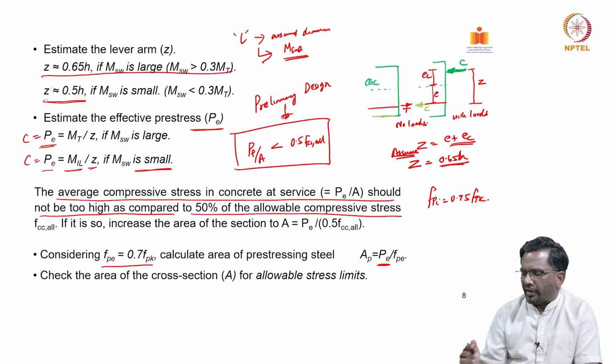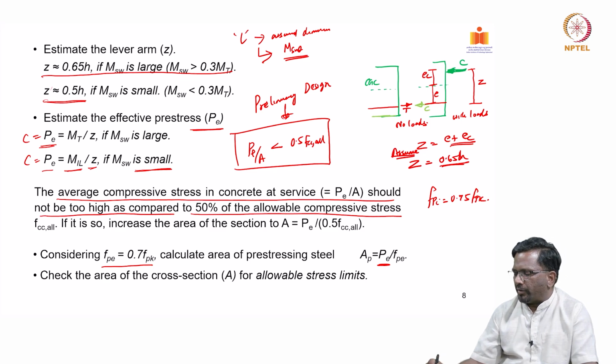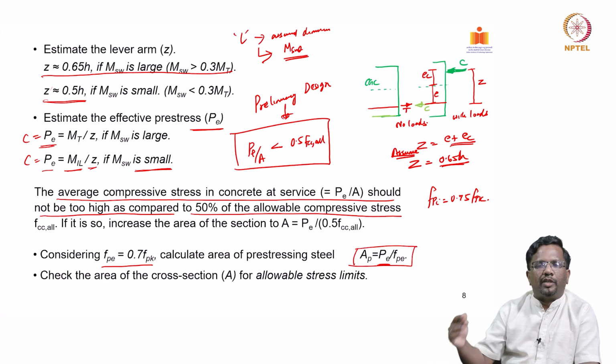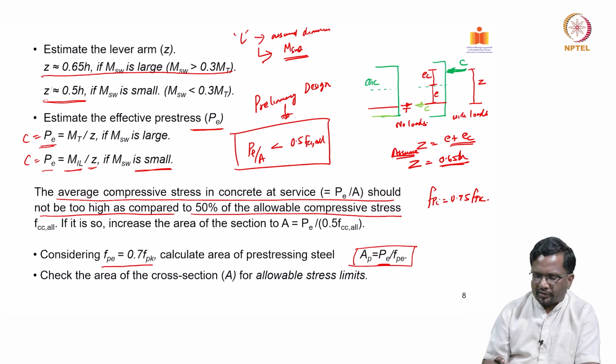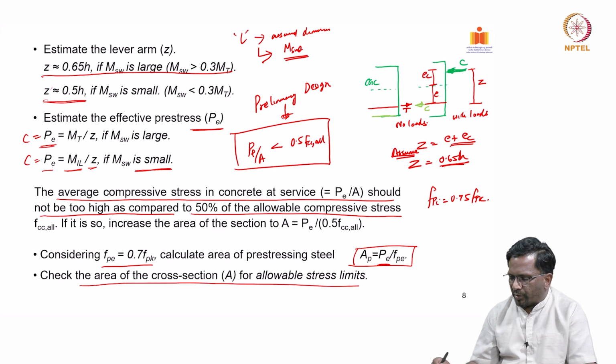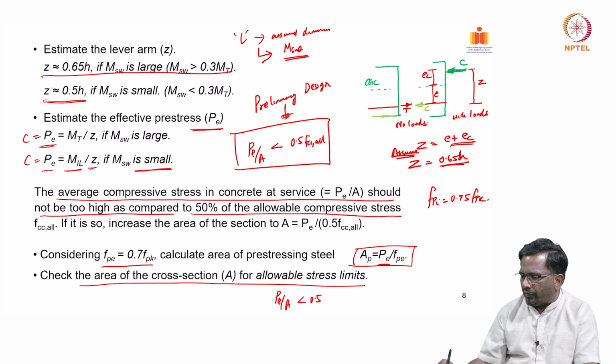So let's say that I take 0.7 times FPK and then calculate my area of pre-stressing steel as effective pre-stressing force divided by the effective pre-stressing stress. Then we have to check the provided cross section should satisfy the allowable stress limits, with the fact that PE by A should be less than 0.5 of FCC allowable.